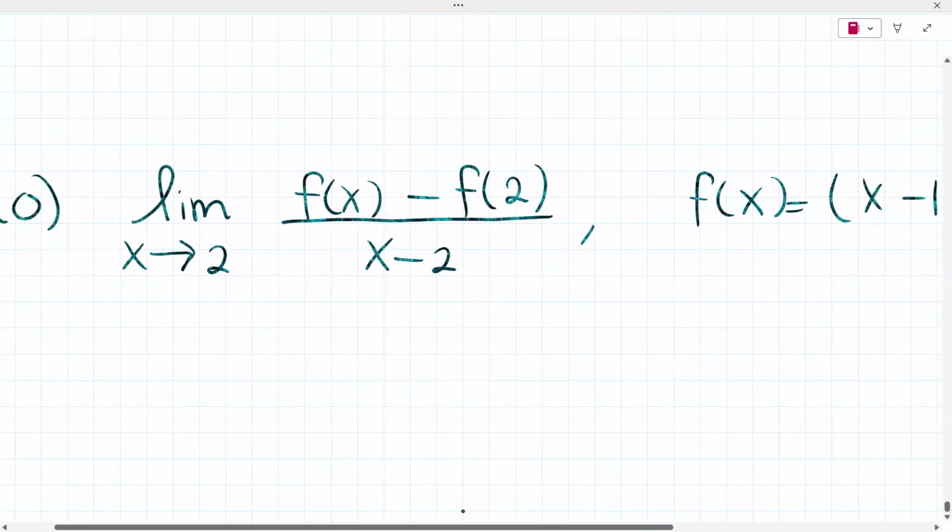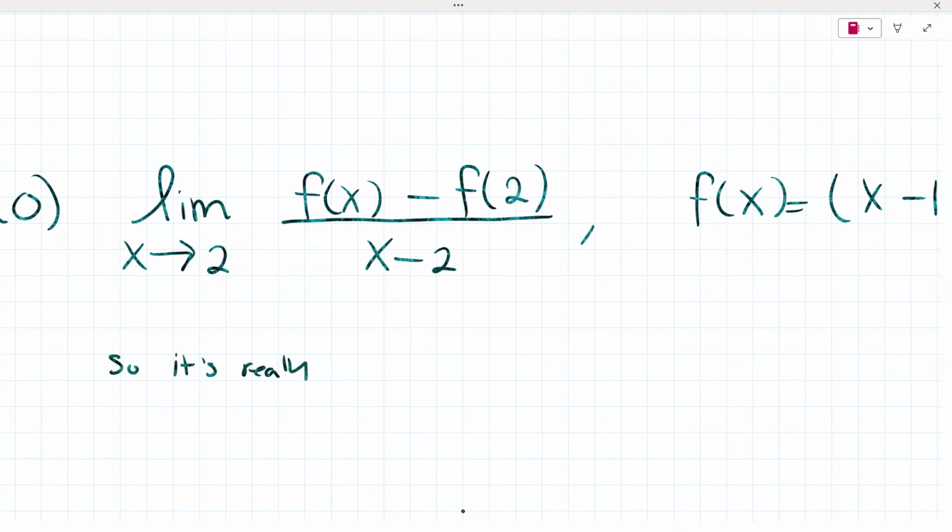So what are they really saying? It's really saying find f prime of 2. So yeah, that's what they're really saying.